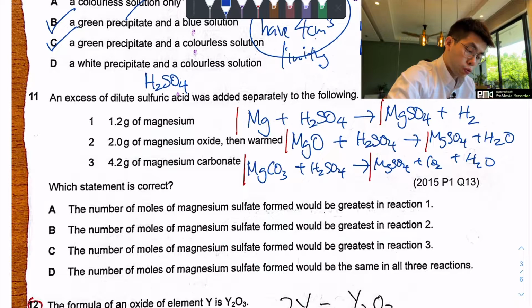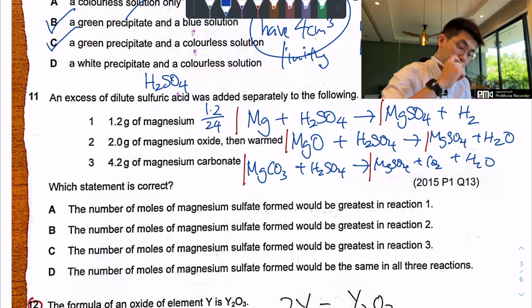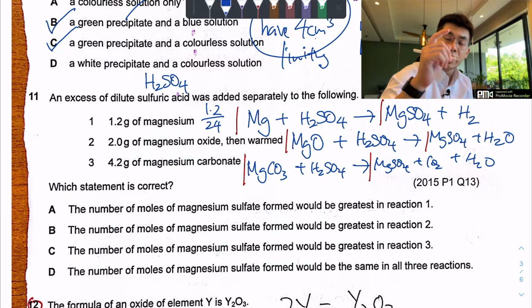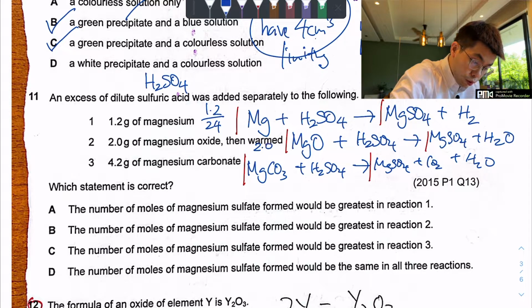Magnesium 1.2 grams is 1.2 divided by 24. 24 is the Ar of magnesium. What about the magnesium oxide? What's the Mr? So Mr of magnesium oxide is 24 plus 16. So that is 2.0 divided by 40.